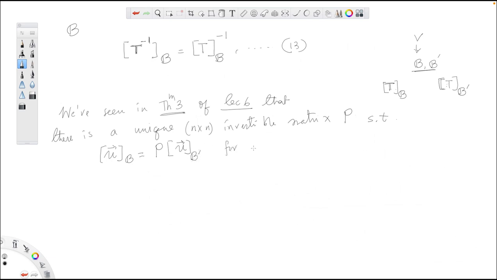And this is true for every vector u in the vector space V. This we have seen earlier.